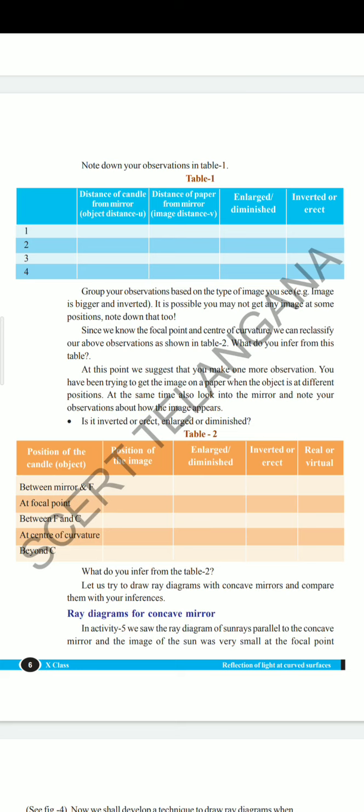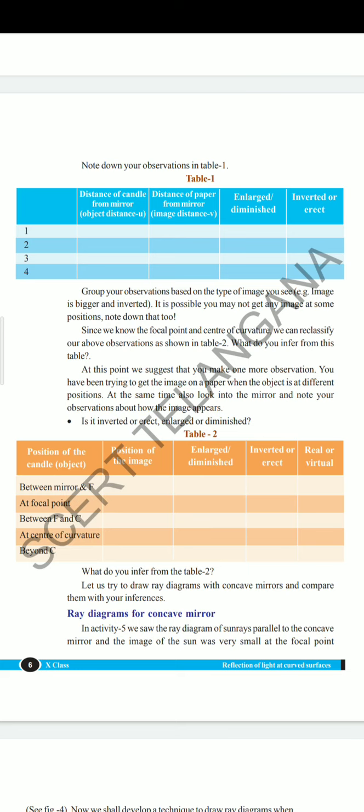It is possible you may not get any image at some positions. Note down that too. Since we know the focal point and the center of curvature, we can reclassify our above observations as shown in table 2. What do you infer from this table?